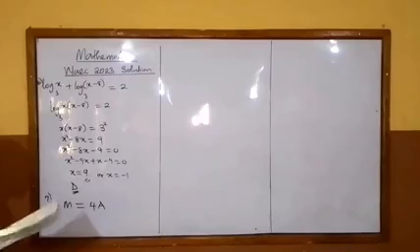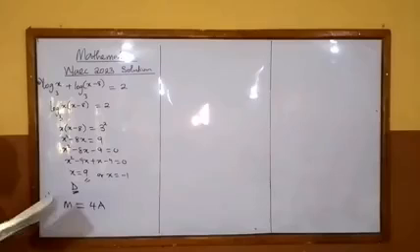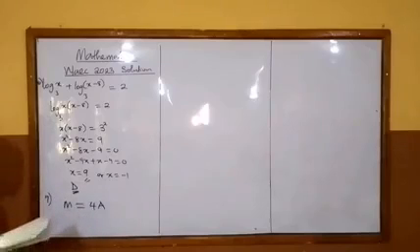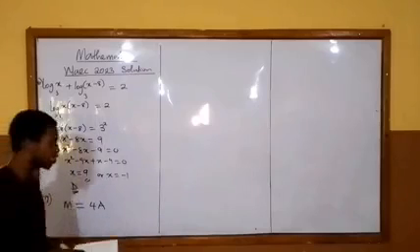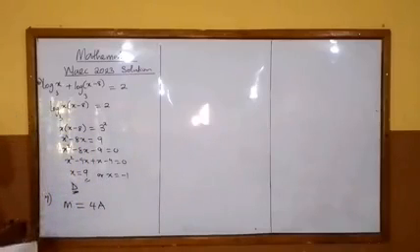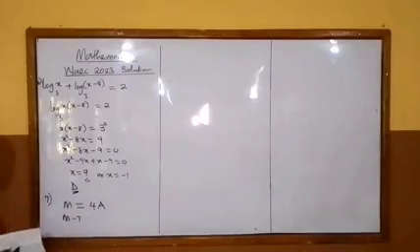Then 7 years ago, that means a subtraction. 7 years ago, the sum of their ages was 76 years. First we get the age of Mr. Manu 7 years ago and the age of his son Adu 7 years ago. You agree with me that 7 years ago, Mr. Manu's age will be M minus 7, because we subtract 7 from his age.